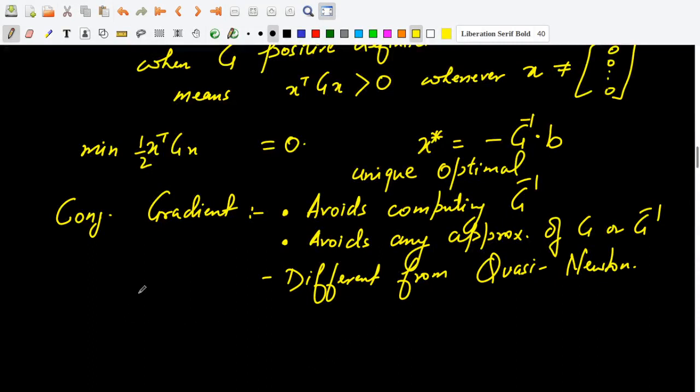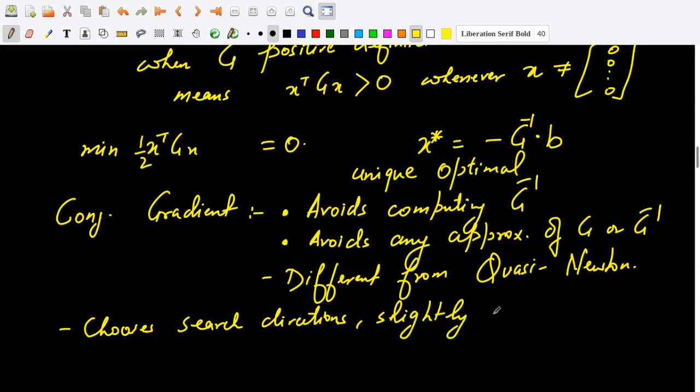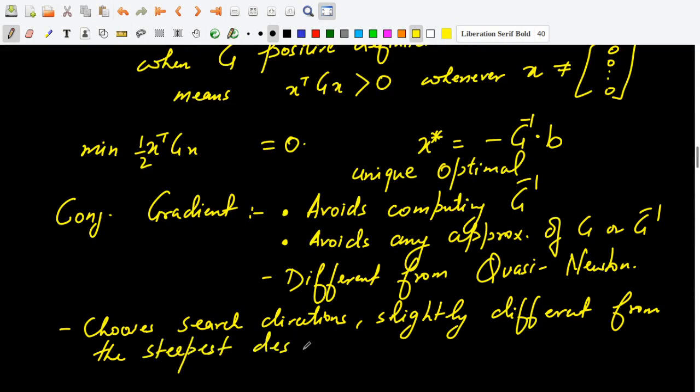The method merely chooses search directions slightly different from the steepest descent. Okay, so we know that steepest descent is a good method.